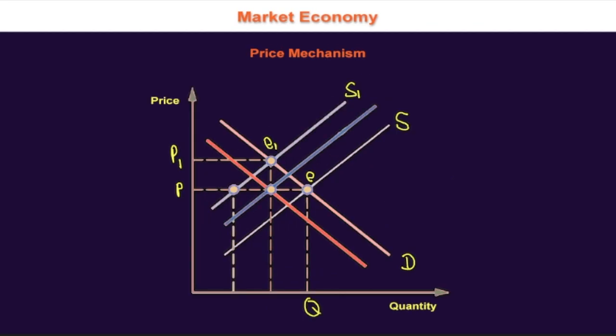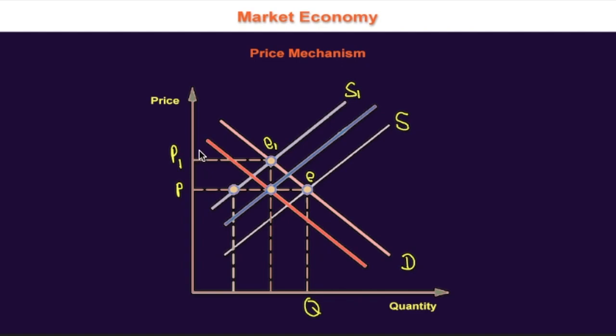We are now going to look at the signaling function of price mechanism through a diagram. As we have seen in the last example, because of the supply shock, the S was shifted to S1. So the price moved from E, the equilibrium price, to E1, the new equilibrium, to the price point of P1.